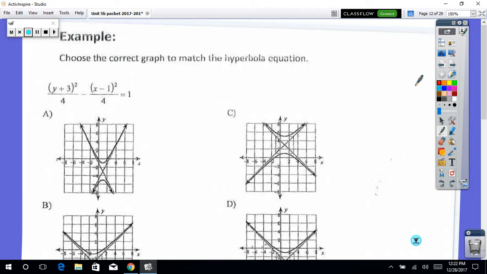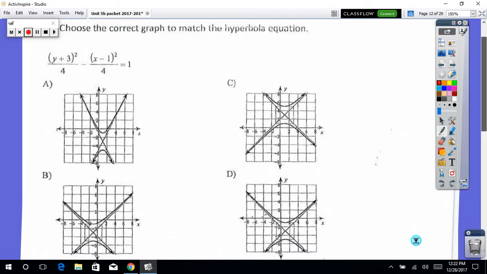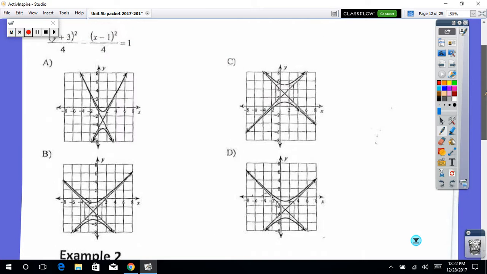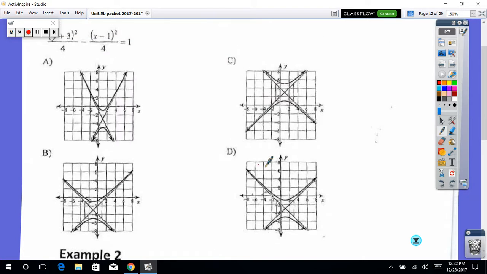And again, these easy multiple choice questions. Y, x, so we're looking for a y hyperbola. See if we can eliminate anybody. And they're all y's, so I can't do anything there. I do know that my center is going to be at negative 3, positive, oops, sorry.